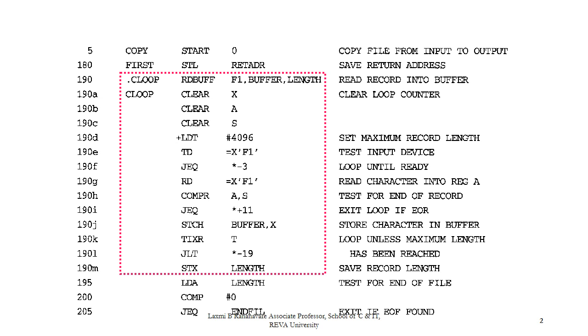We have seen in the previous class that read buffer f1 buffer length, that is line number 90, is a macro call, and we are going to substitute the set of instructions which are there in this macro definition, that is clear x, starting from 190a to 190m. These set of instructions we are going to put in the macro call, and that macro call should be commented. That's what we have seen in the past.